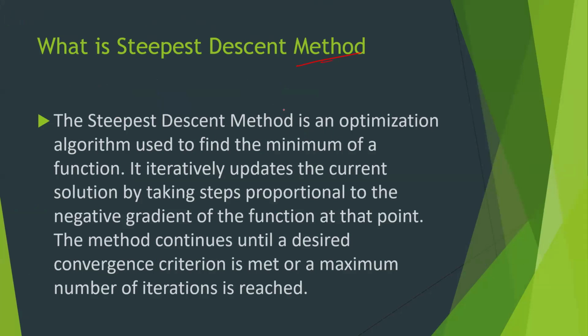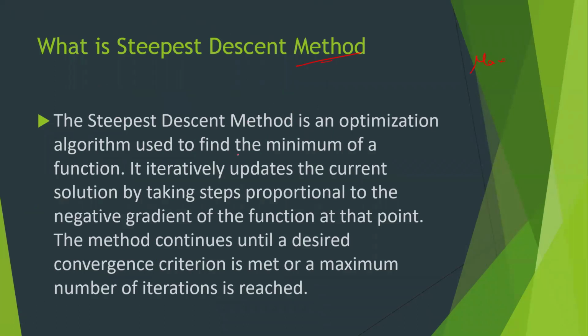The steepest descent method, as I said, is mainly used for unconstrained optimization problems, and it is an optimization algorithm used to find the minimum of a function. Suppose in the question they have given to find the maximum of a function, simply convert it into a minimum by taking the negative of the function.